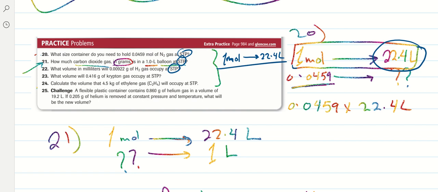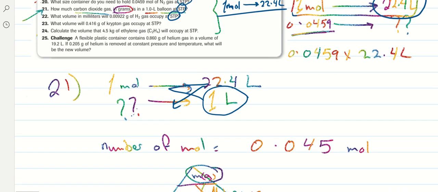Okay, how much carbon dioxide gas in grams is in 1 liter of a balloon? So I'm going to say 1 mole occupies 22.4 liters. So how many moles will occupy 1 liter? And then I will make a cross multiplication.